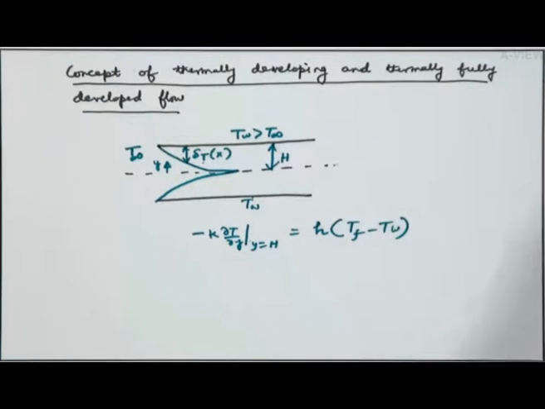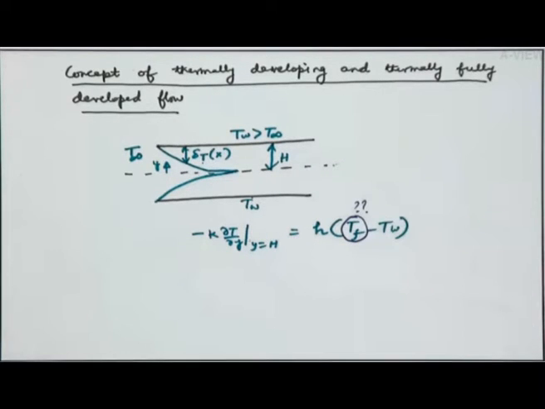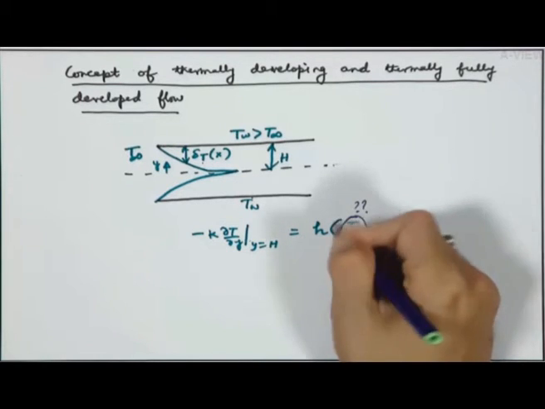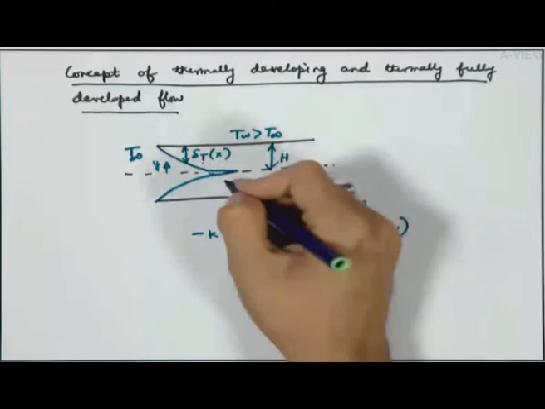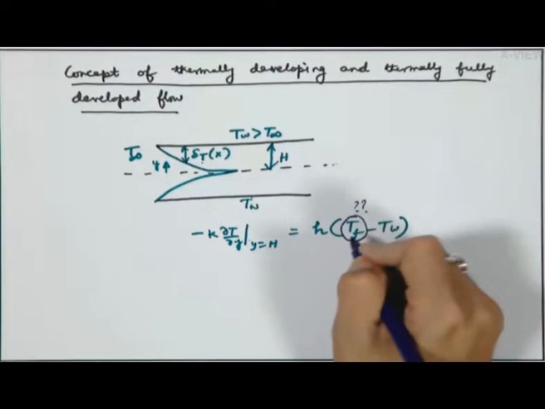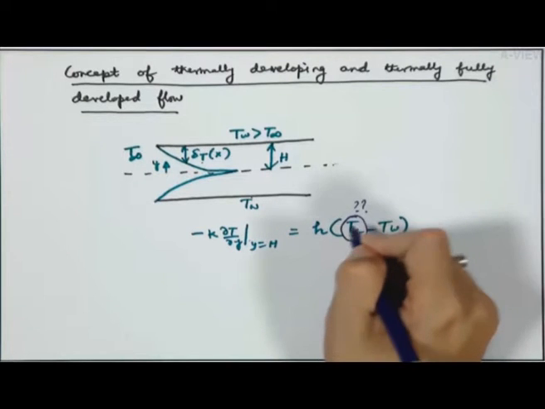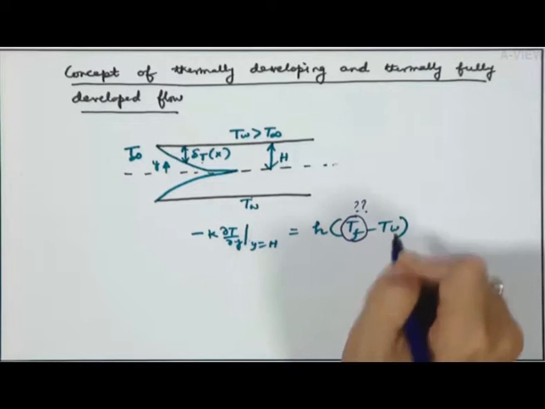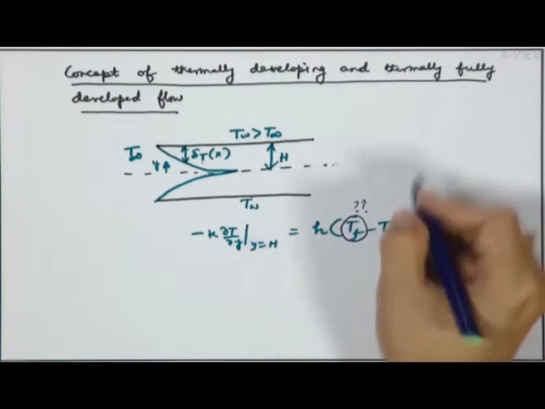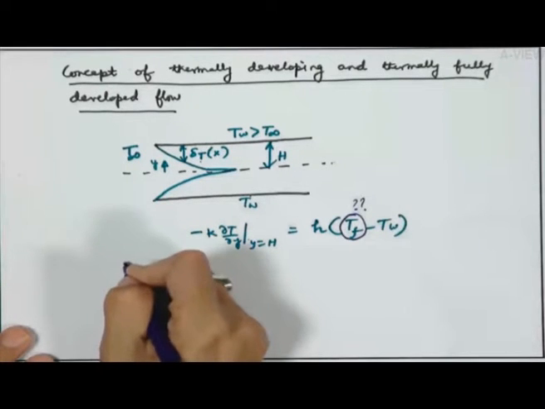The big question is, what is this Tf? If you want to take some average temperature at the section, then that would represent the correct physical behavior of Tf at that section, provided this follows exact energy balance. So, that Tf is called the bulk mean temperature.